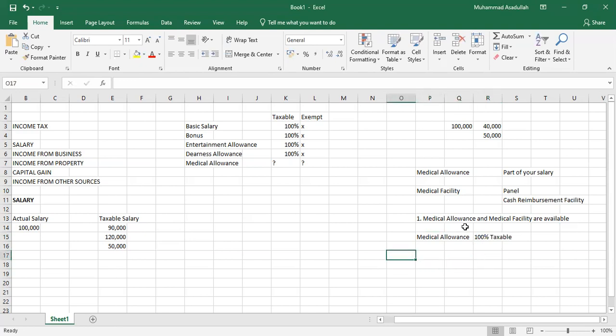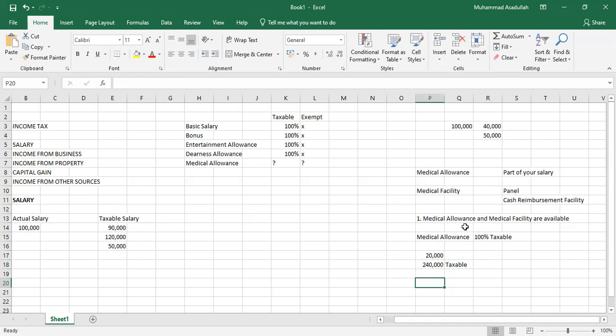Like you have received a medical allowance of 20,000 rupees per month. So annually it will be 2,40,000, so 2,40,000 rupees will be taxable.